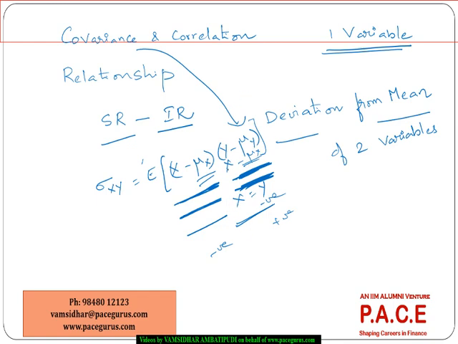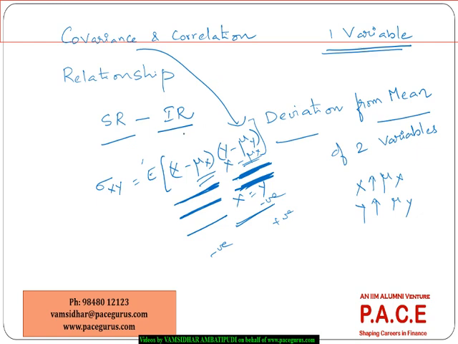So whenever x is tending to move above mu x and y is also going above mu y, where the deviations of both of them are positive, or where the deviations of both of them are negative, I can look at the covariance to be more and more positive. But if it is the other way, I can very well look at the covariance to be negative also.